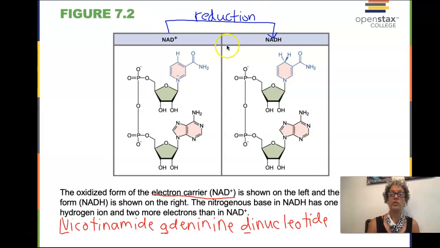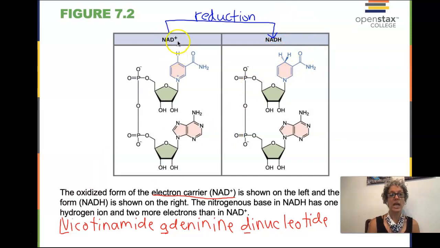So for the reactions we are going to follow, to determine if it is an oxidation or a reduction, we will look to see if a molecule has lost a hydrogen, in which case it has been oxidized, or gained a hydrogen, in which case it has been reduced. So going from NAD+ to NADH, we have gained a hydrogen. Reduction is the gain of hydrogens.